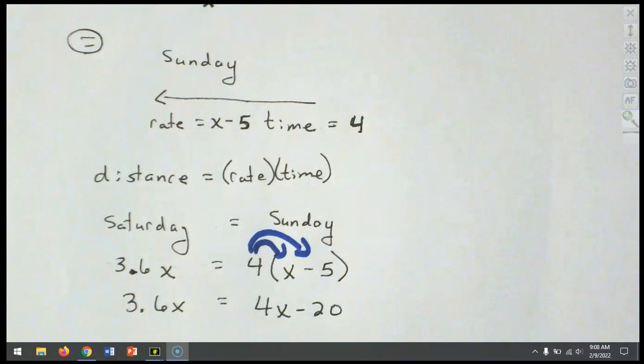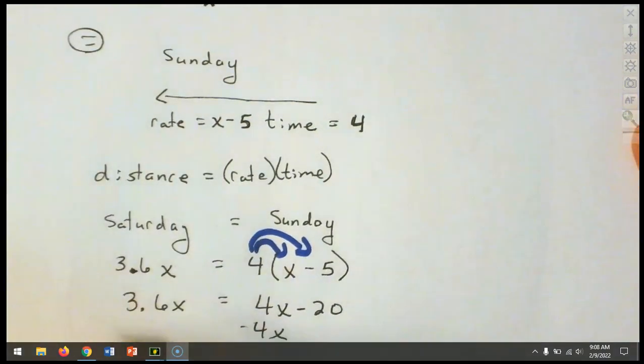Again, these are going to be a lot easier to solve than some of the others, because we don't really have to do a lot of algebra here. We are going to move that 4x over. Watch your decimals. Be careful with those. So 3.6 minus 4. It's a minus 0.4x. And that equals your minus 20.